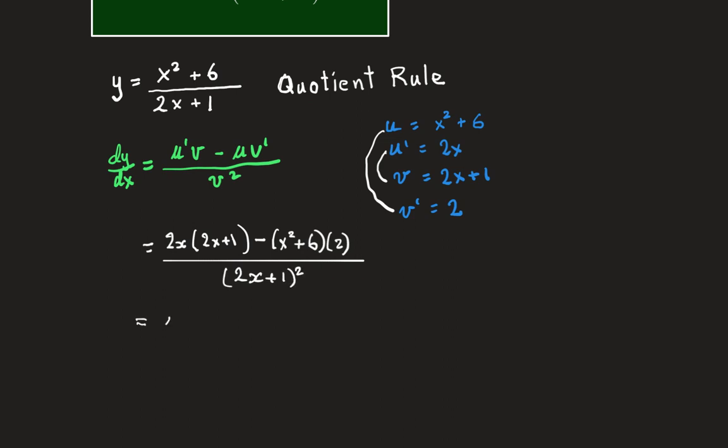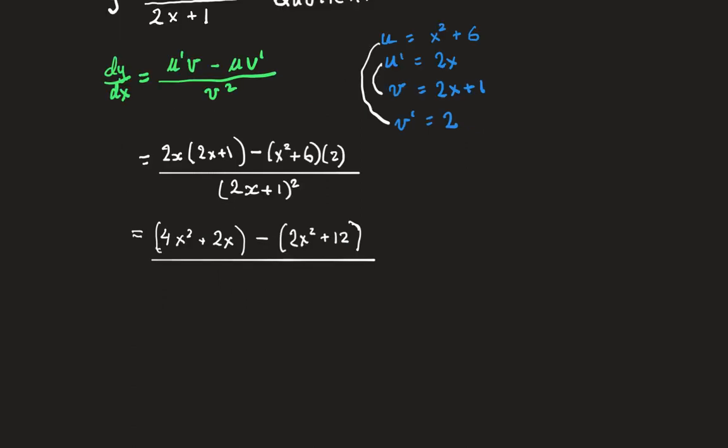And if I distribute the first part, I'll get 4x squared plus 2x. And if I distribute the 2 in the next part, I'll get 2x squared plus 12. And I was careful to still keep it in the brackets. Now that still goes under 2x plus 1 all squared.